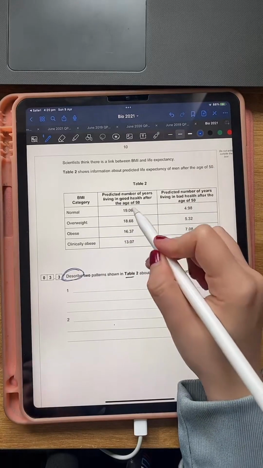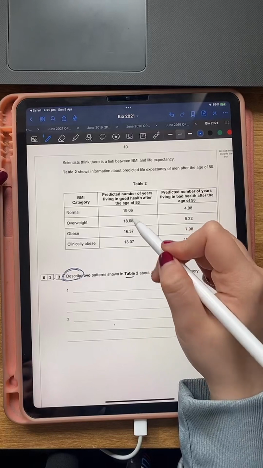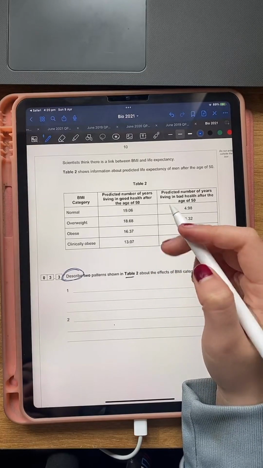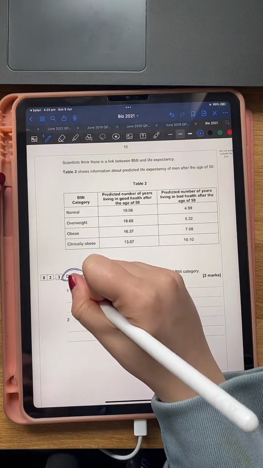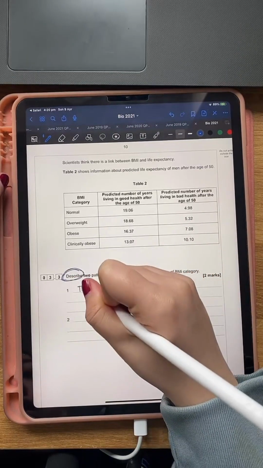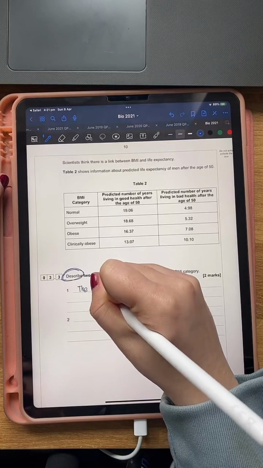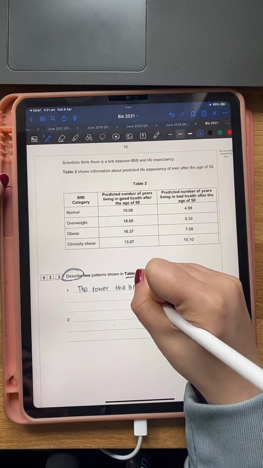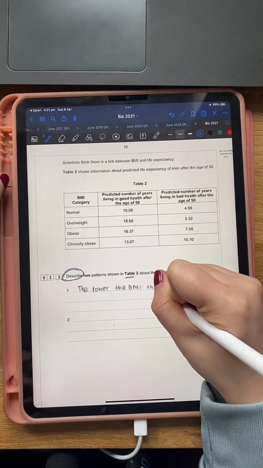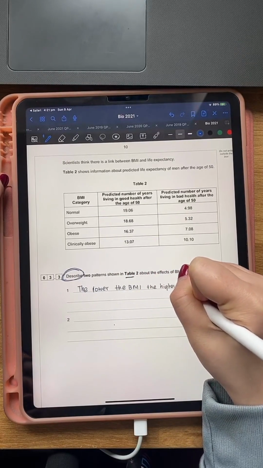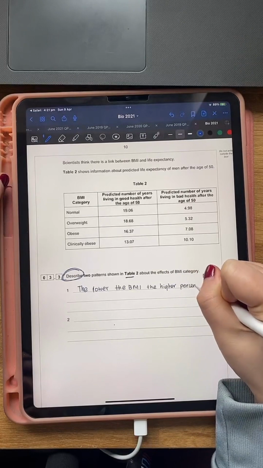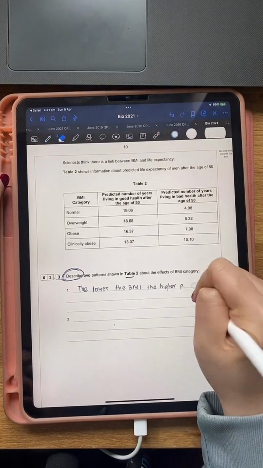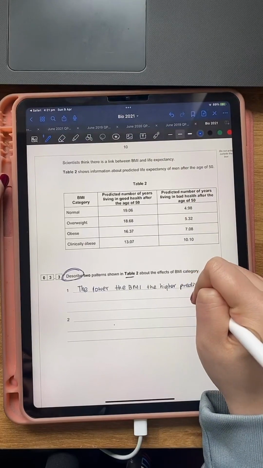So you can say that the normal, or the lower the BMI, the higher predicted number of years living in good health.